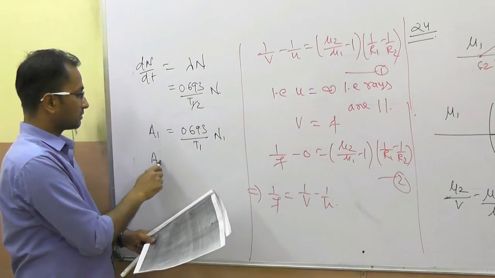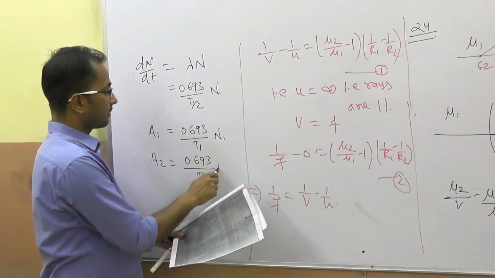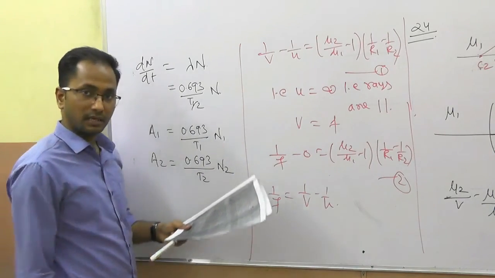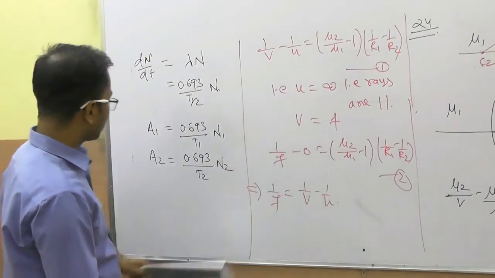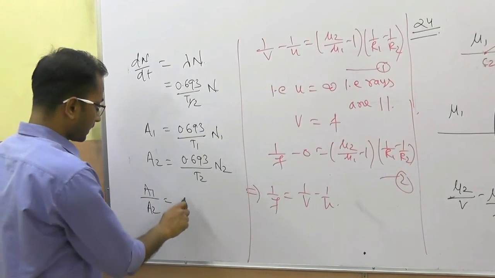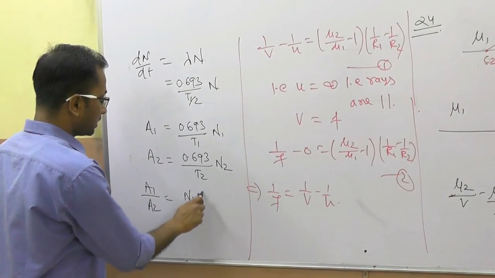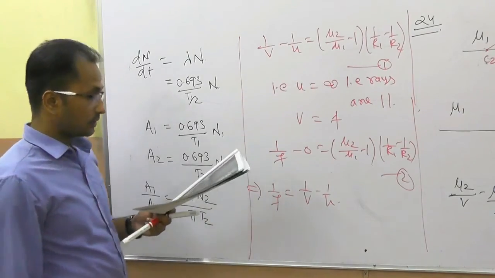For the second it becomes 0.693 by T2 into N2. Now you have to just find A1 by A2. It will become N1 T2 by N2 T1. Okay.